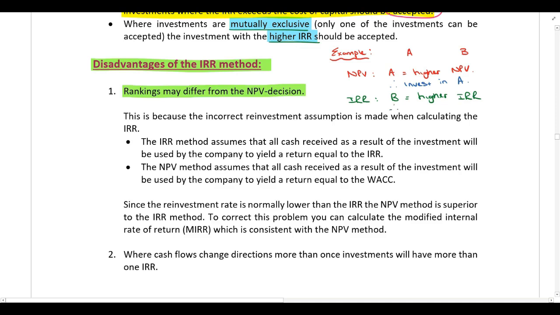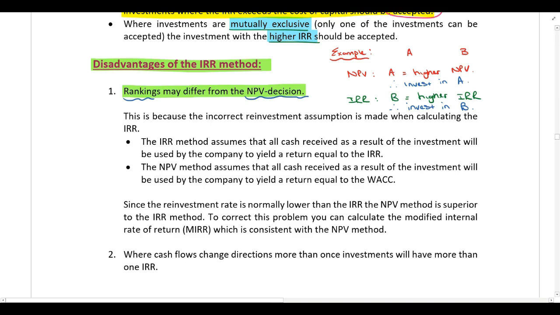So I am then going to invest in B. So this is what I mean. Your rankings may differ from the NPV decision. If we perform the calculation using the NPV method, we conclude that we should invest in A. However, if we perform the calculation using the internal rate of return method, we then conclude that we should invest in B. So we have conflicting rankings.